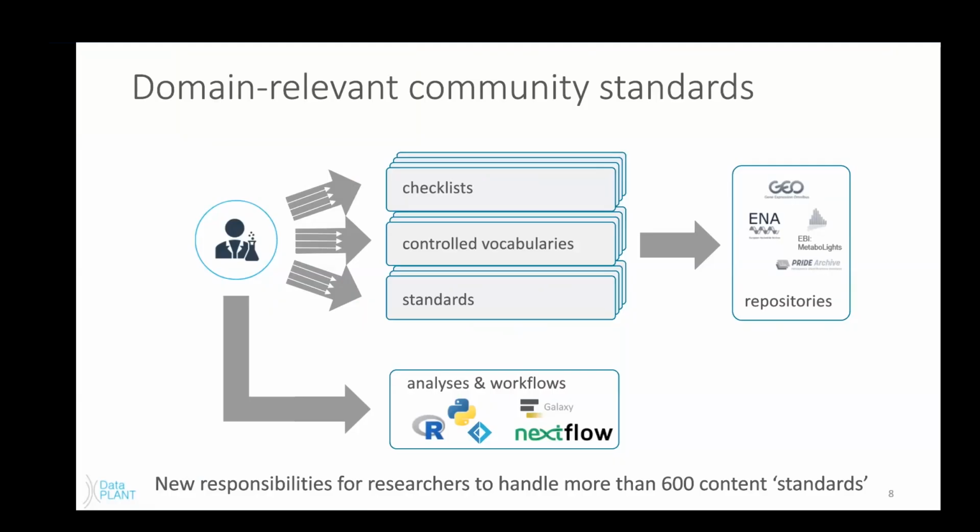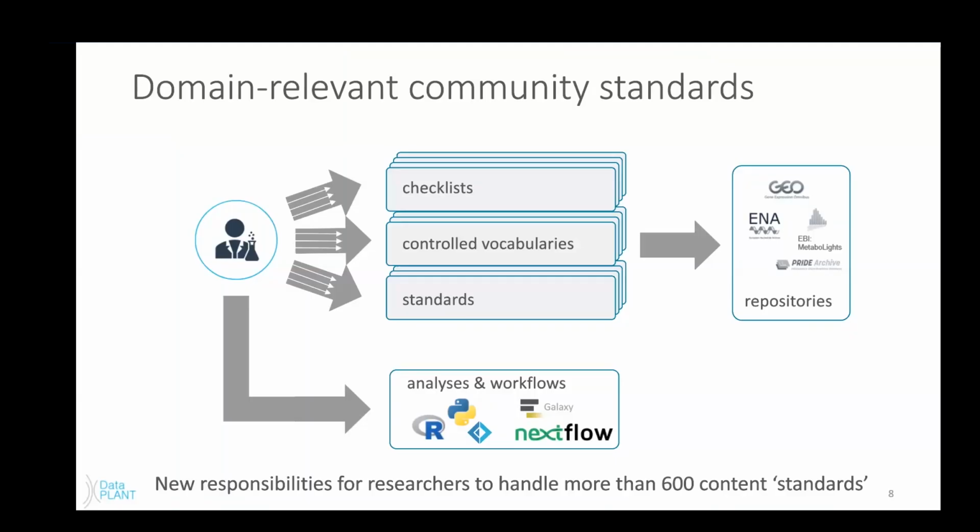And then once this data is collected, you have to analyze it. There comes a whole other level of different workflows that require certain parameters, certain standards, or certain vocabularies in order to analyze the data. So this is already a huge responsibility for the researcher to keep these things straight in order to properly apply them to different parts of an experiment.